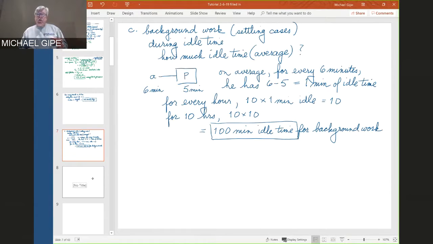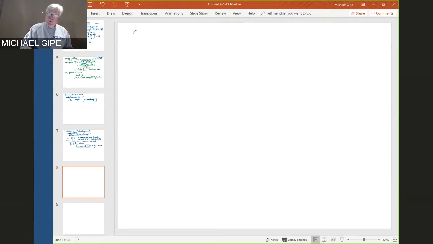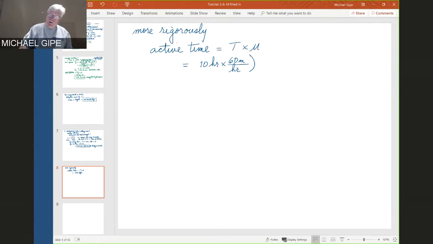That's a straightforward one, a very easy answer, but if we want to look at it a little bit more rigorously or formulaically, his active time, that is the amount of time that he's going to actually be working on processing emails, is total time times the utilization, and that's going to be 10 hours times 60 minutes per hour. So that's the time part.